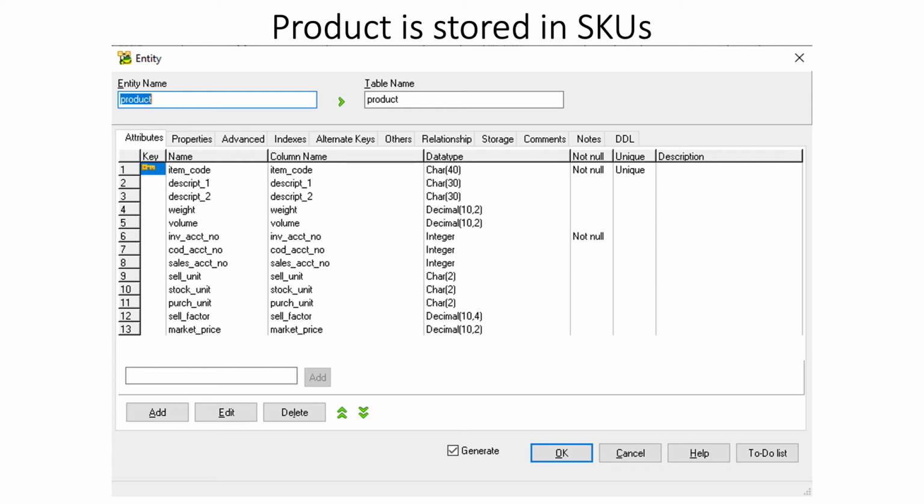And finally, the market price, which is what is the current market price for that unit. Some people call it list price, some people call it adjusted retail price, but a market price.